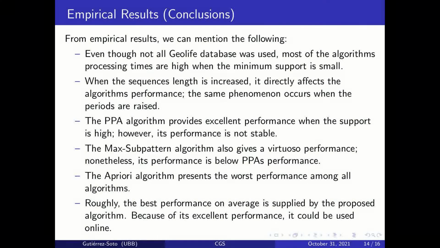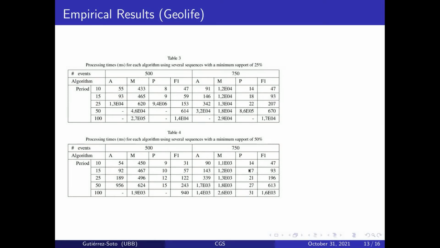PPA provides good results when the support is high. However, its performance is not stable. You can see that, for example, in table 4. I forgot to mention that in that case there is no number in some rows because the execution time exceeds 3 hours.